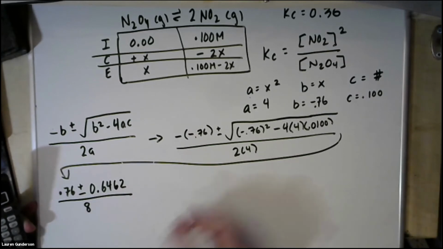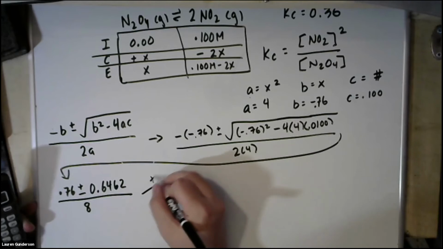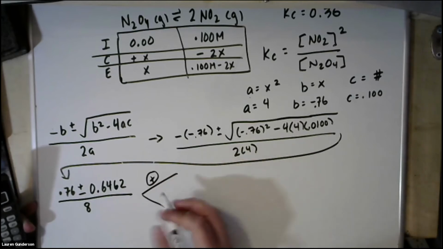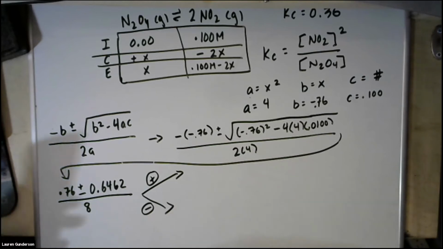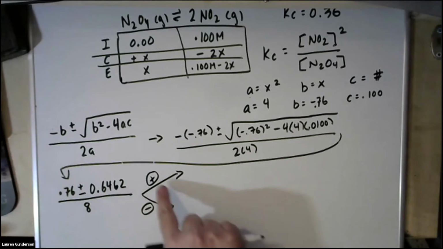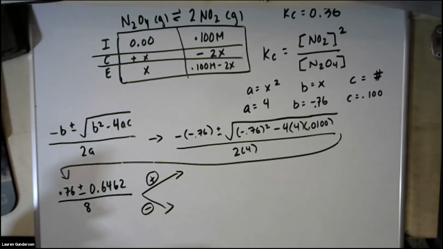So now we're going to have 2 versions of this. We're going to call it the positive version of x and the negative version of x. Okay, so solve for both of them and you'll get your plus x value and your minus x value.